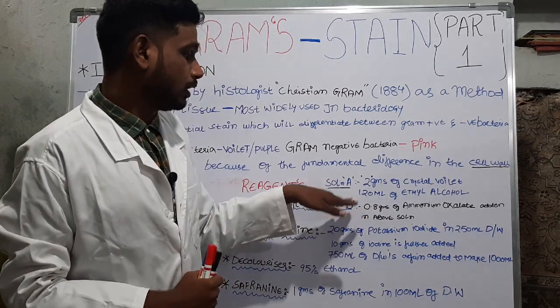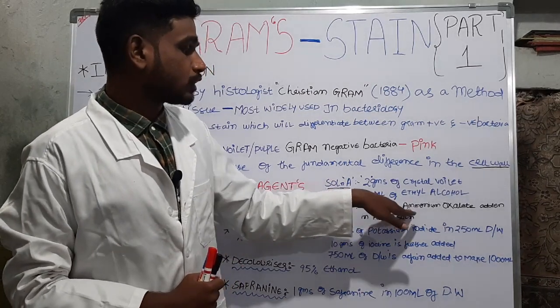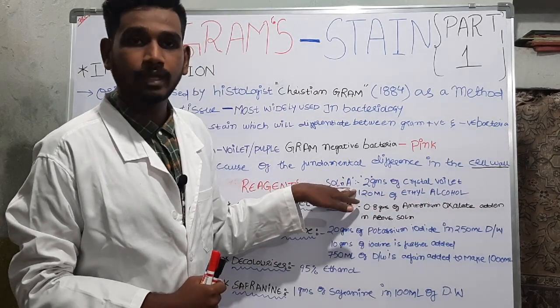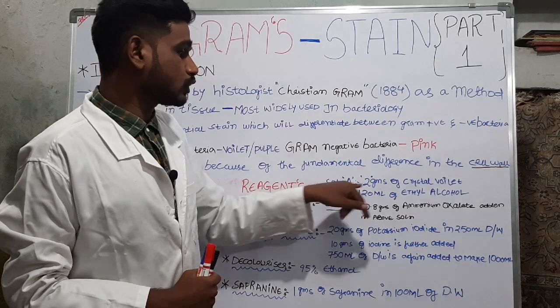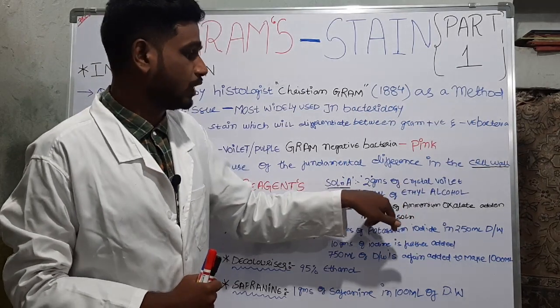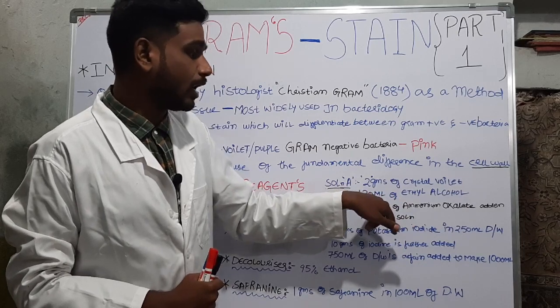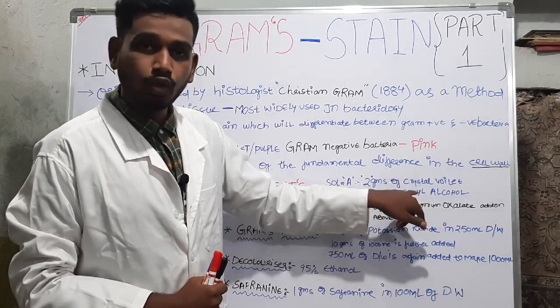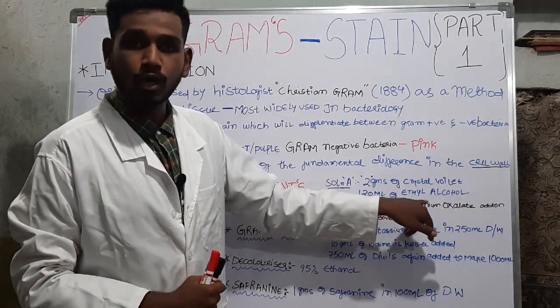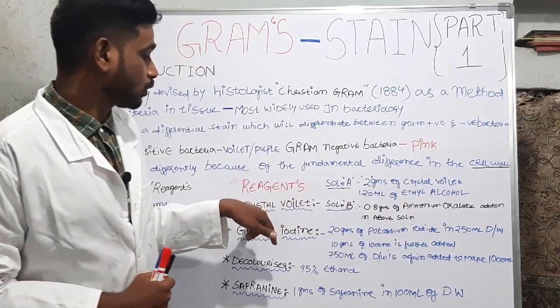For solution B, 0.8 grams of ammonium oxalate is added to the above solution. Again, solution A is 2 grams of crystal violet dissolved in 120 ml of ethyl alcohol.